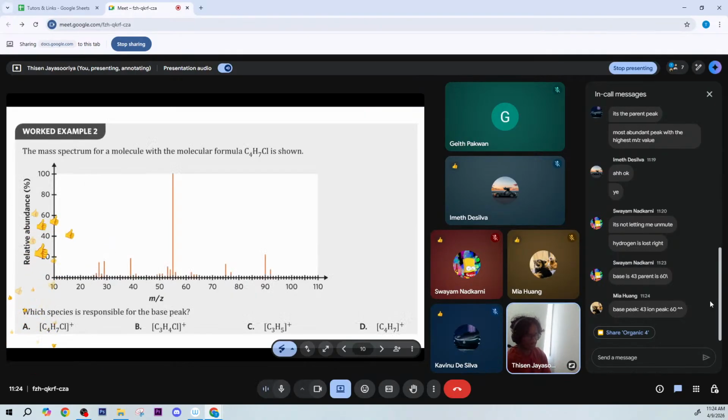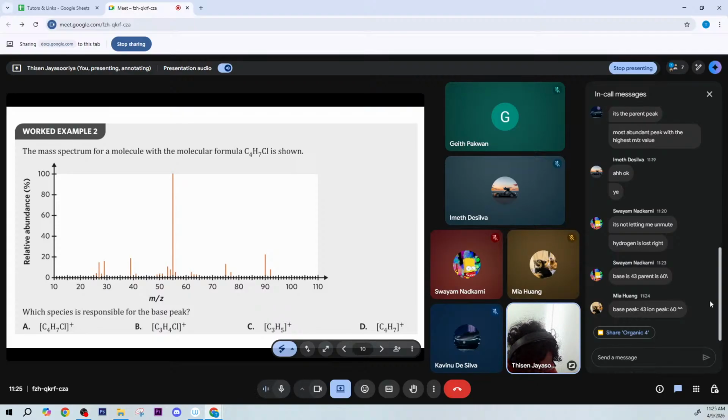So, which species is responsible for the base peak? Is it A, B, C, or D? What do you guys think is responsible for the base peak here? The base peak has a really weird mass. Is it A?